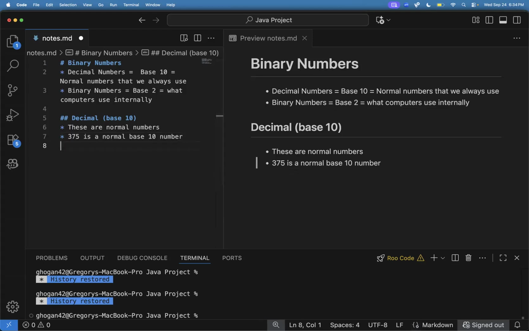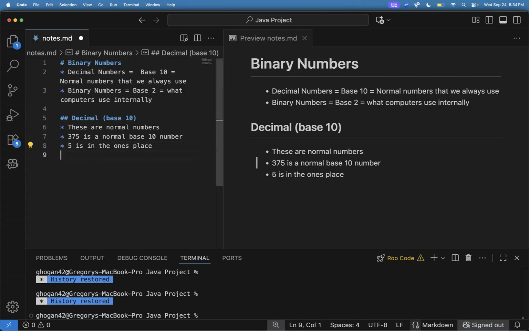But you could understand that in 375, each digit has a specific place. The five is in the ones place.